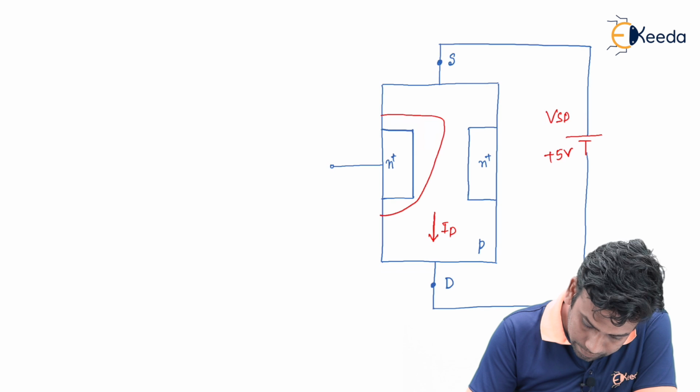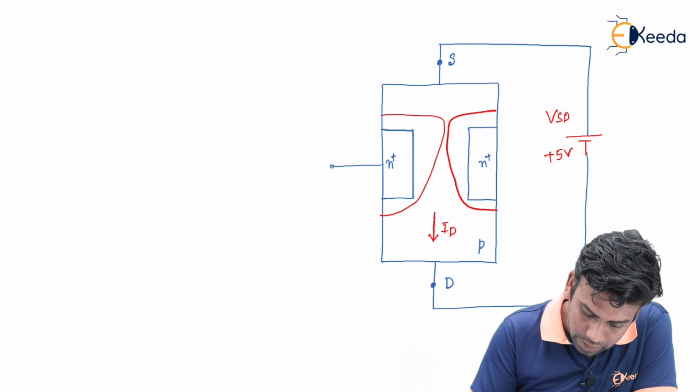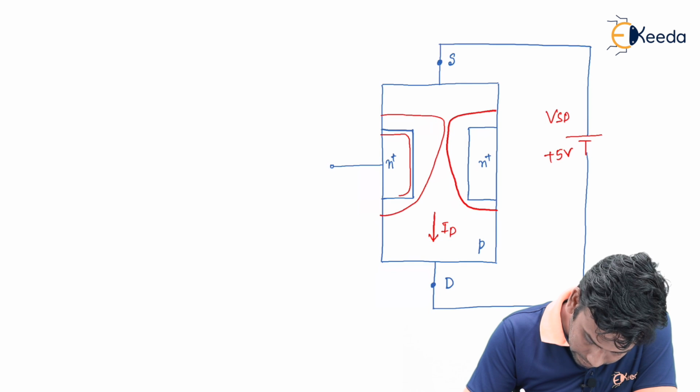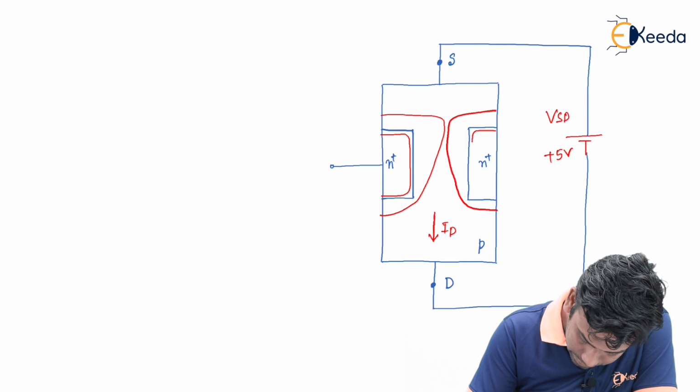Similarly, for the second junction, there will also be a depletion region inside the N plus region.